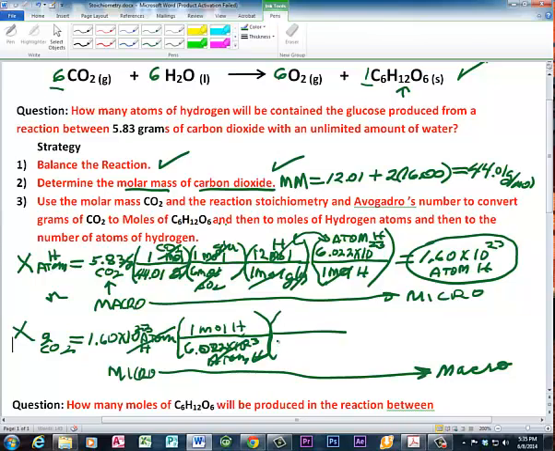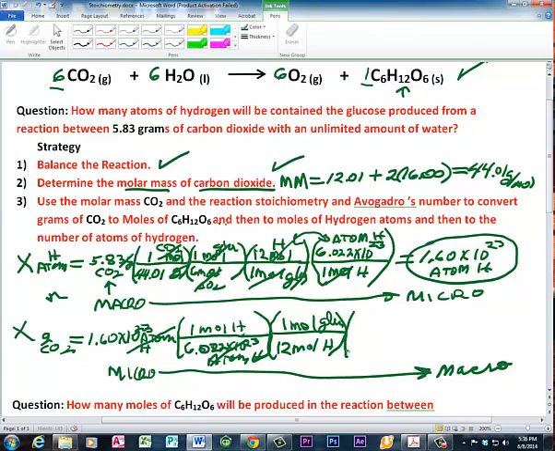Now I want to convert moles of hydrogen to moles of glucose, and I have 12 moles of hydrogen in every 1 mole of glucose. Now, that's the mole-to-mole ratio that I didn't get from the balanced chemical reaction. I just got it from the chemical formula for glucose. It's a 12-to-1 ratio between hydrogen and glucose.